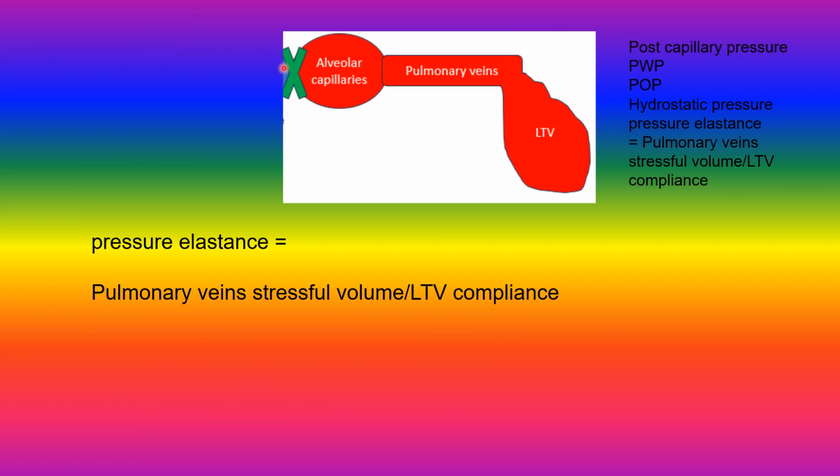The post-capillary pressure, what we call the pulmonary wedge pressure, or pulmonary occlusive pressure, or hydrostatic pressure, is the pressure elastance. And we said that pressure elastance equals the pulmonary vein stressed volume over the left ventricular compliance.